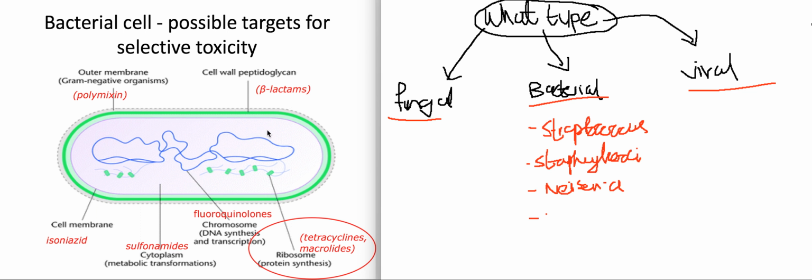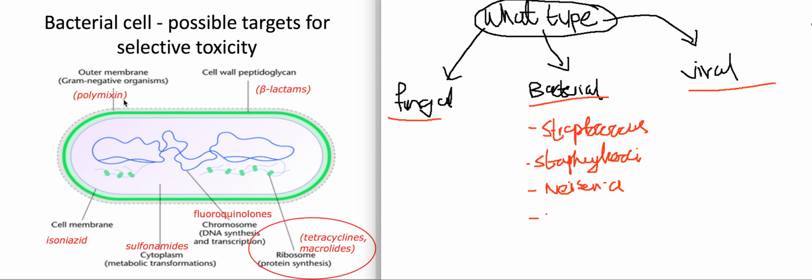Beta-lactams usually target the cell wall peptidoglycan, and these beta-lactamase resistant ones are resistant to degradation by the beta-lactamase produced by bacteria. So bacteria have no resistance against these, at least for now.